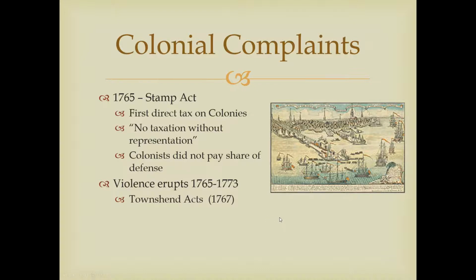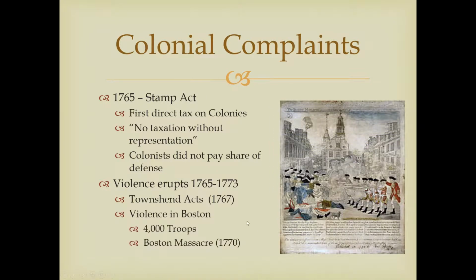These combined Townshend Acts are going to lead to even greater struggle between the colonists and the British. You're going to get violence in Boston, as per usual, and the British Crown is going to send in 4,000 troops, and the 4,000 troops are going to be met by protesters, and you're going to see the beginning of the propaganda machine that is the colonies, as in this Boston Massacre.